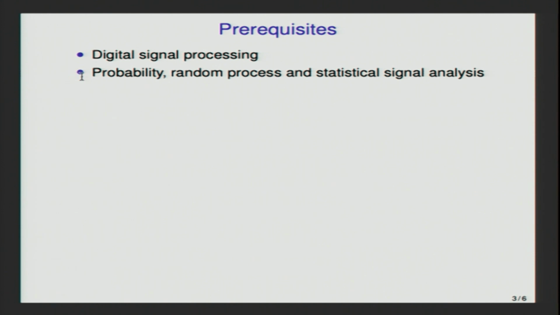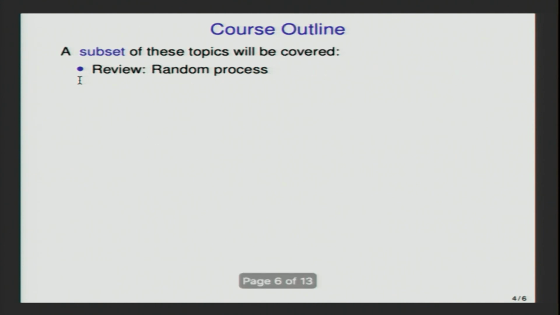So as we go along, we will understand better how these random processes play a key role in analyzing and understanding adaptive systems. With that prerequisites, what we intend to cover in this course is outlined here.